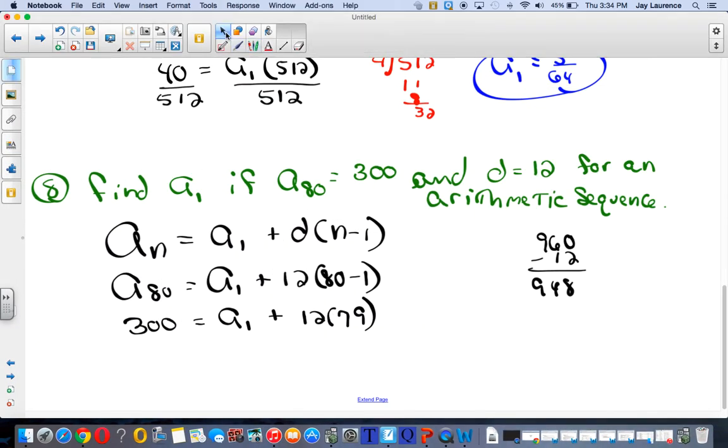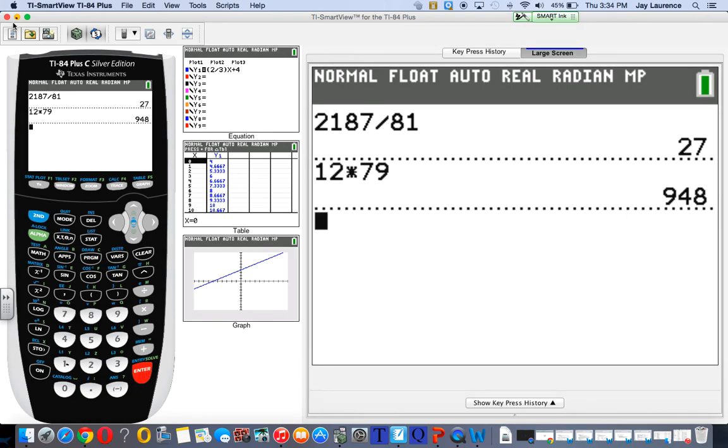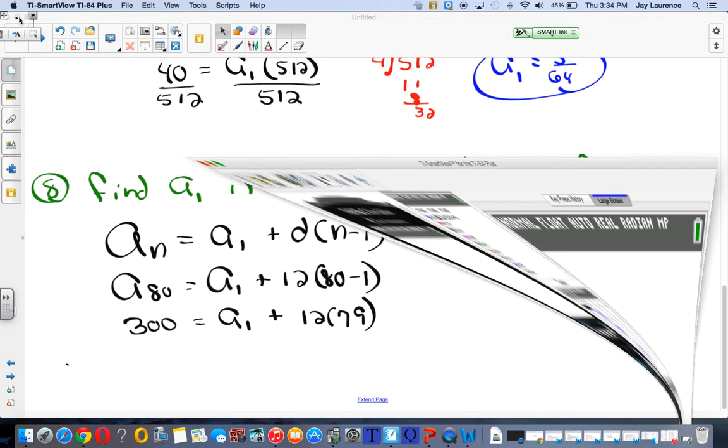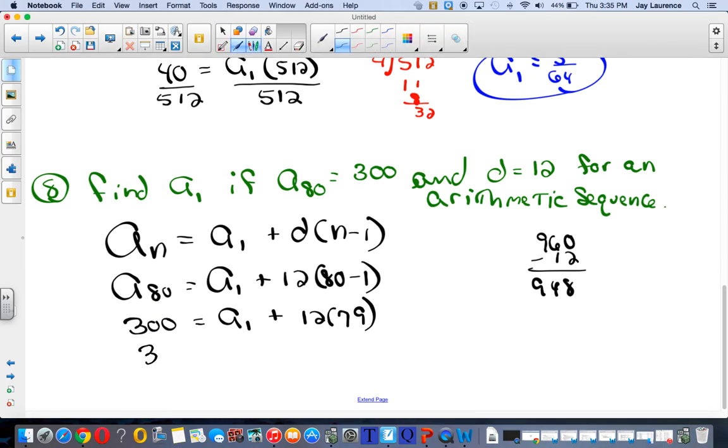All right, we're going to do 12 times 79 and 948, and I believe that is what I said. So, yep, 948. Good. So, now I have 300 equals a sub 1 plus 948.